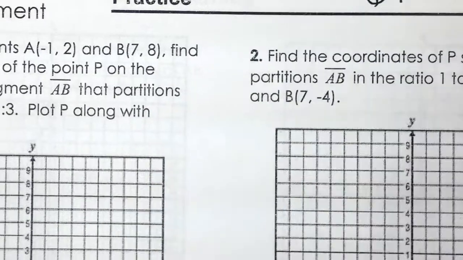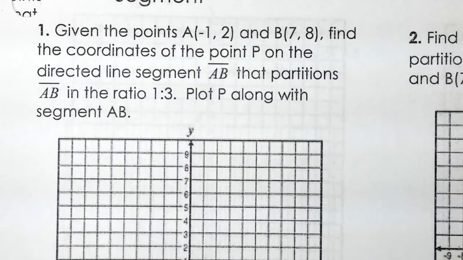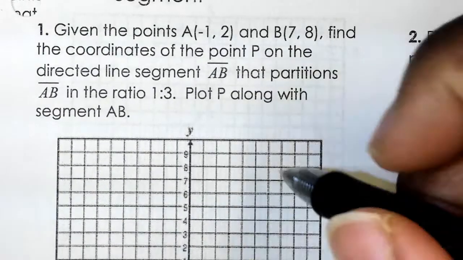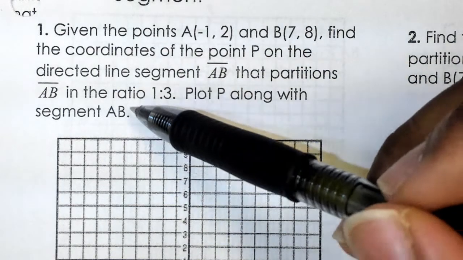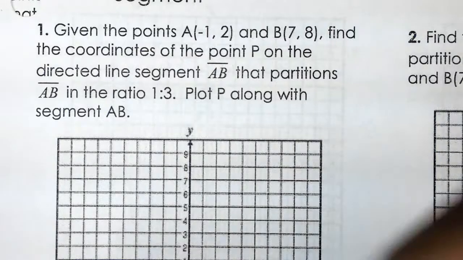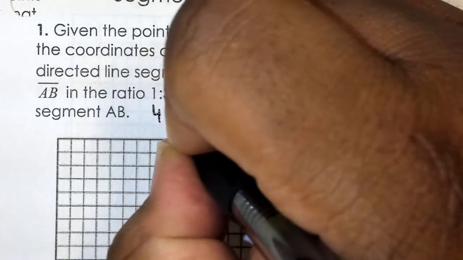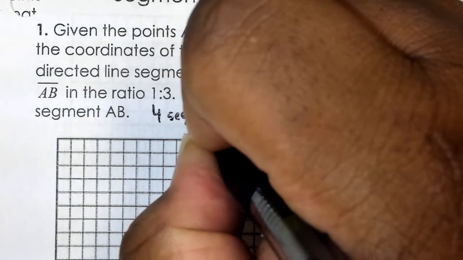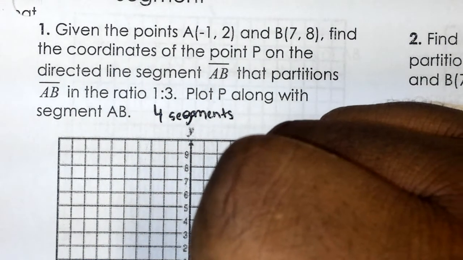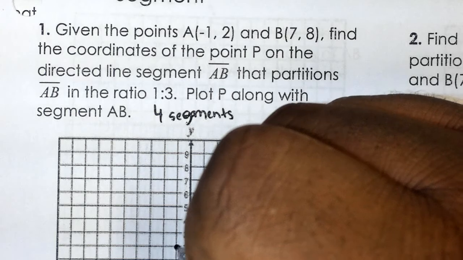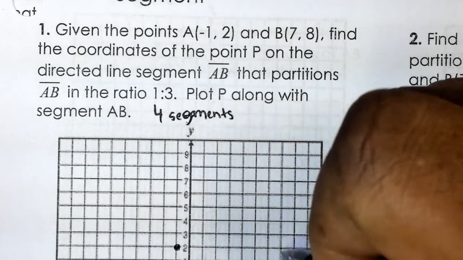Alright. Number 1 on practice. It says the segment is directed from A to B. The ratio is 1 to 3. That's a split. So 4 segments. And we're graphing negative 1, 2, and then 7, 8.